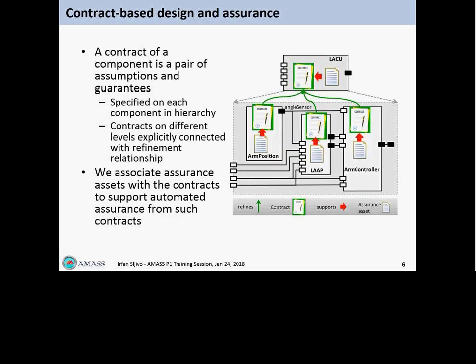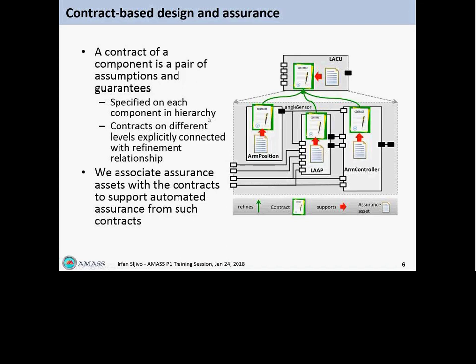So let's see the first one. If you look at the contract-based design that's supported in CHESS currently through OCRA, for example, what we do is, for each level, for example, this is the loading arm controller unit, the system level or the function level, for all levels, we specify contracts for each component. For example, for this top level, and then we can specify it for the subcomponents of that, like arm position, loading arm, automatic positioning, arm controller, and so on.